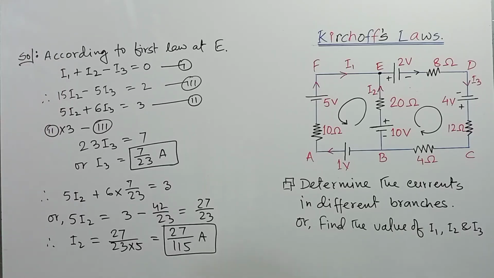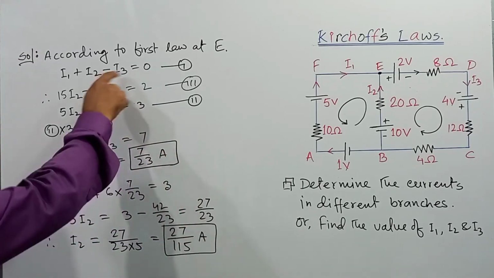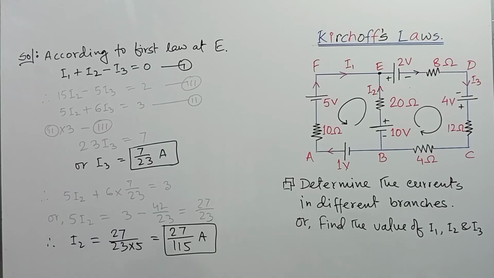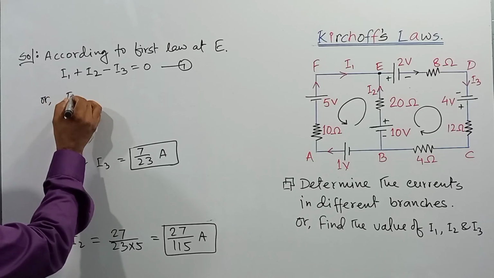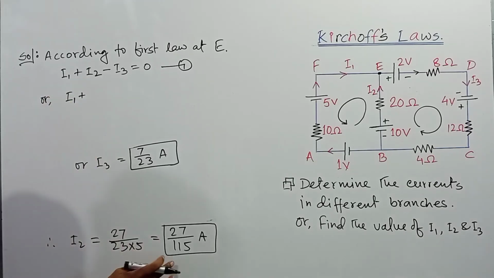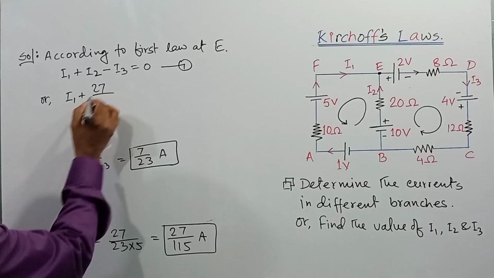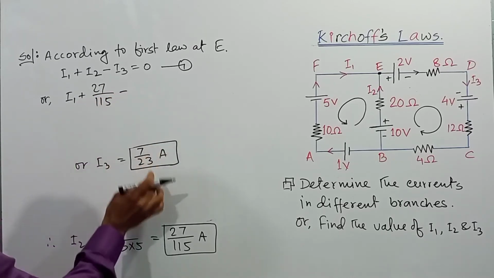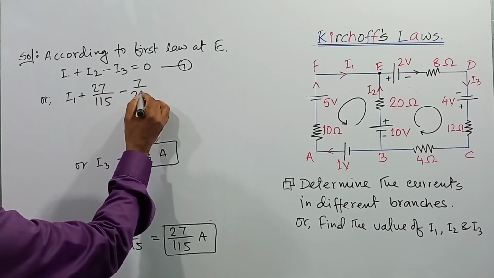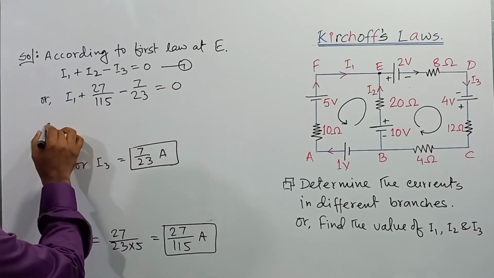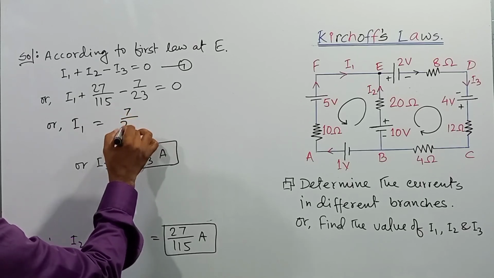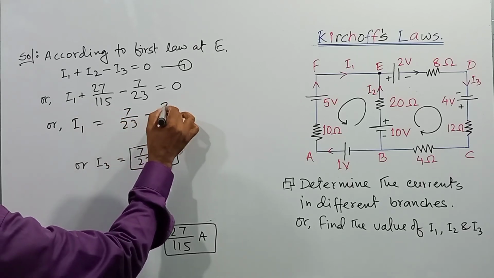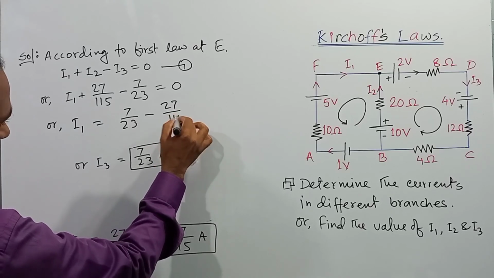So I2 and I3 are already determined. Now we need to determine the value of I1. Dear students, now we are going to use the values of I2 and I3 in the first equation. From equation 1, I1 plus I2, I2 means 27 divided by 115, minus I3, I3 means 7 divided by 23, is equal to 0, or I1 is equal to 7 divided by 23 minus 27 by 115.